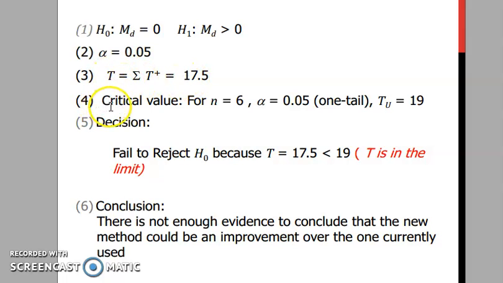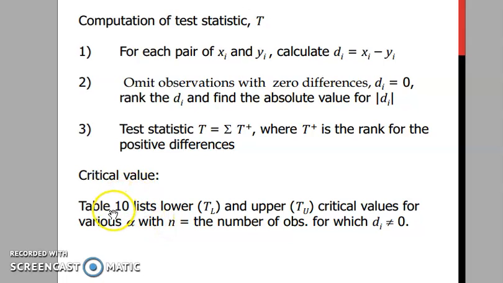Then we need to look at the critical value. Here our N is going to be 6, alpha is 0.05, and it is a one-tailed test. So we need to look at the table. For this test, we are using table 10, listing down the TL and TU critical values, whereby we need alpha and also N. Here N is the number of observations whereby DI is not equal to 0.